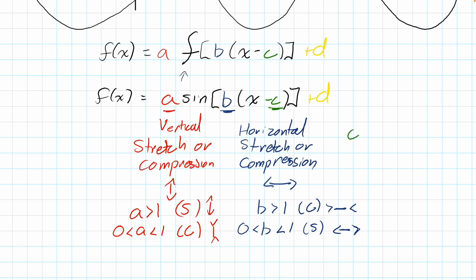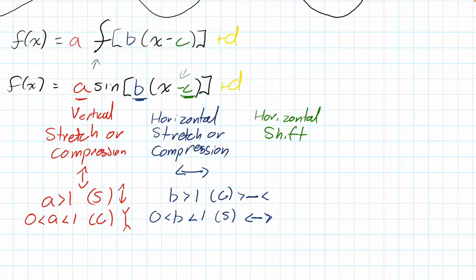C is a horizontal shift. And it depends on the value of C. This negative gets a little tricky here, so I'm actually going to fill this part out second. We're going to jump right over to vertical shift, which is our D value. And it goes up and down. If D is positive, it goes up.